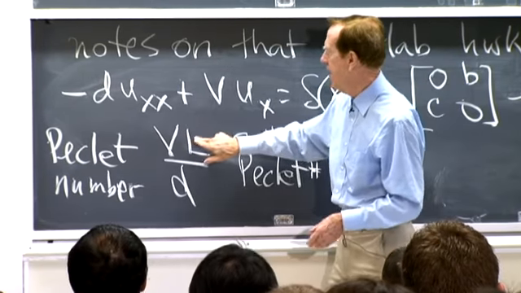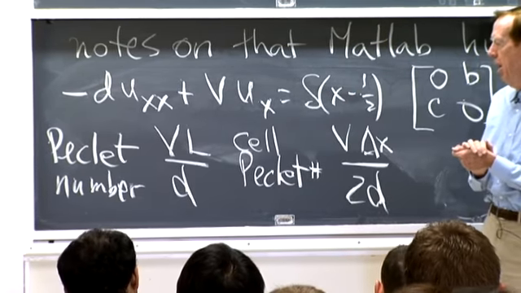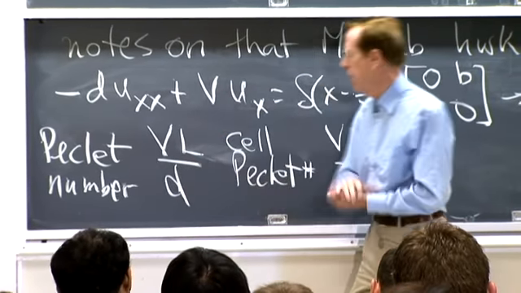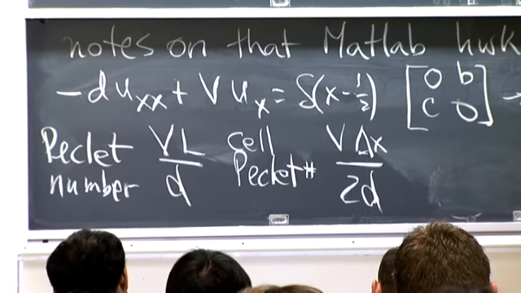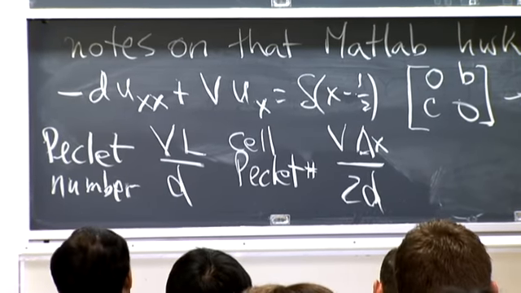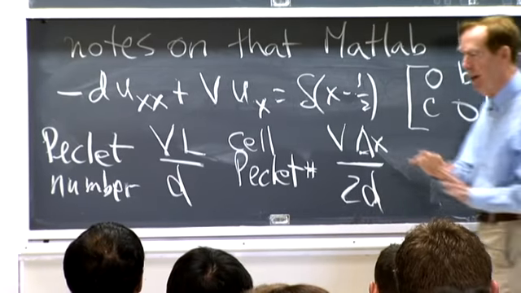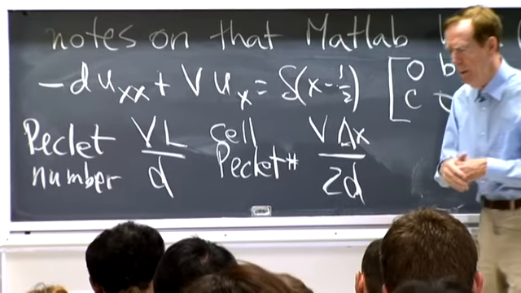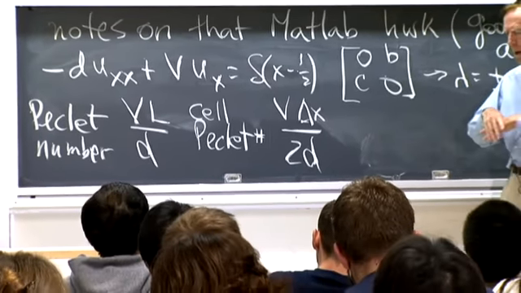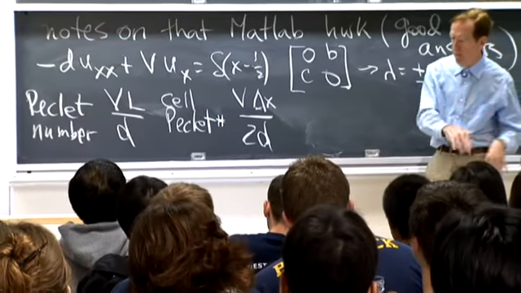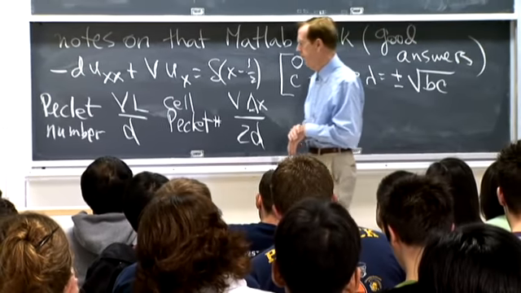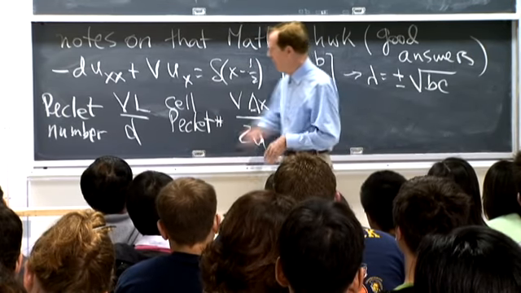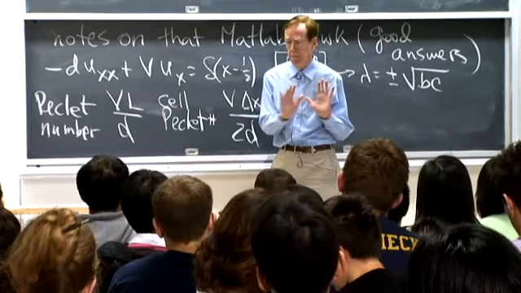So it's V times a length scale in the problem divided by D. So that has the same units, and the result is dimensionless. Maybe you know the Reynolds number. This is very like the Reynolds number, which also measures in the Navier-Stokes equation the importance of convection, advection, and diffusion. In that equation, the velocity v is u, and it's a nonlinear equation.